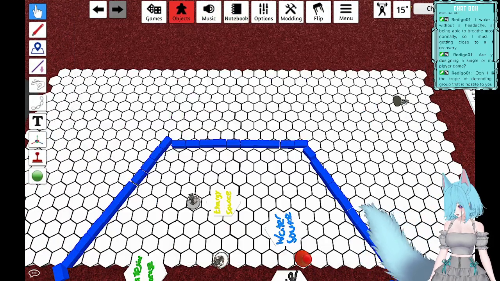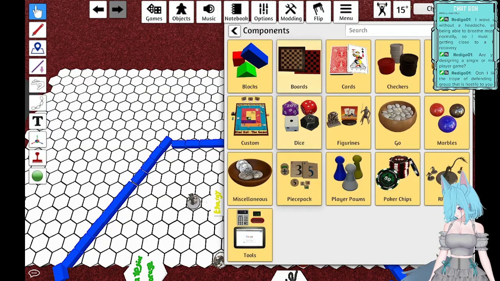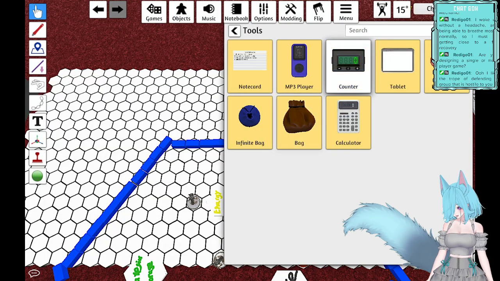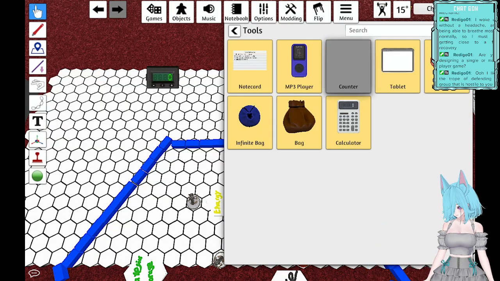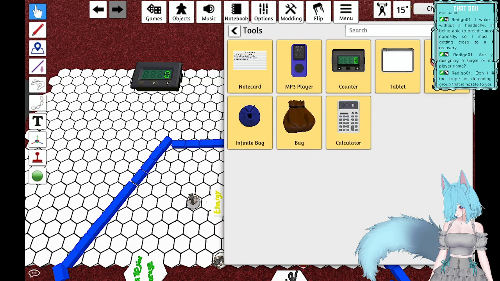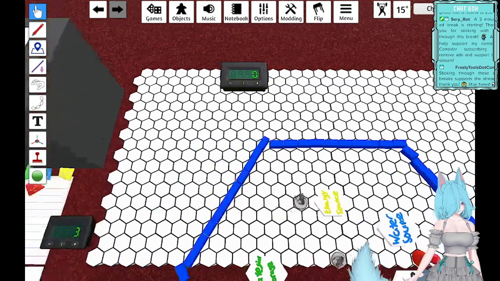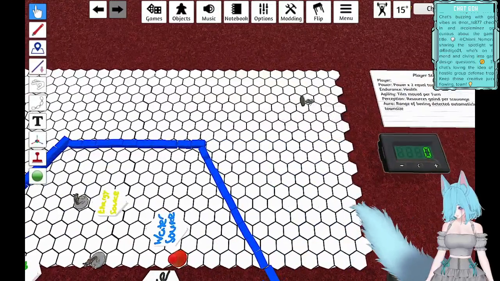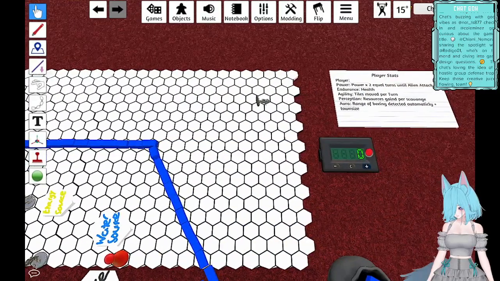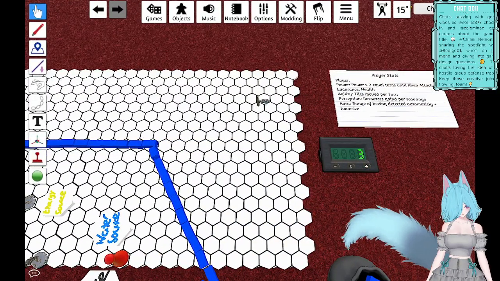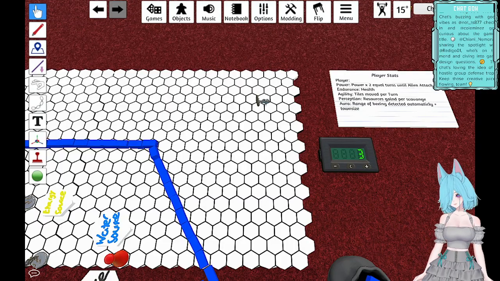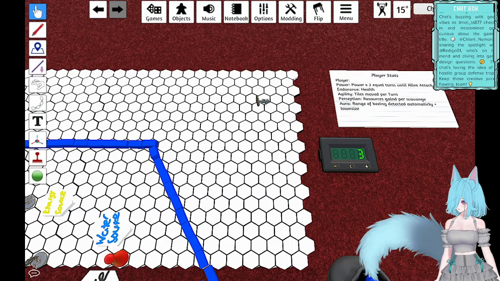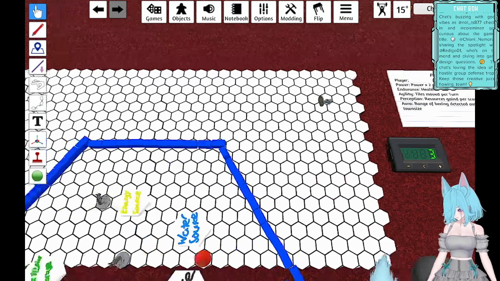Not games. Objects. Components. Tools. I think we are on turn 3. So this is the last turn. I think.